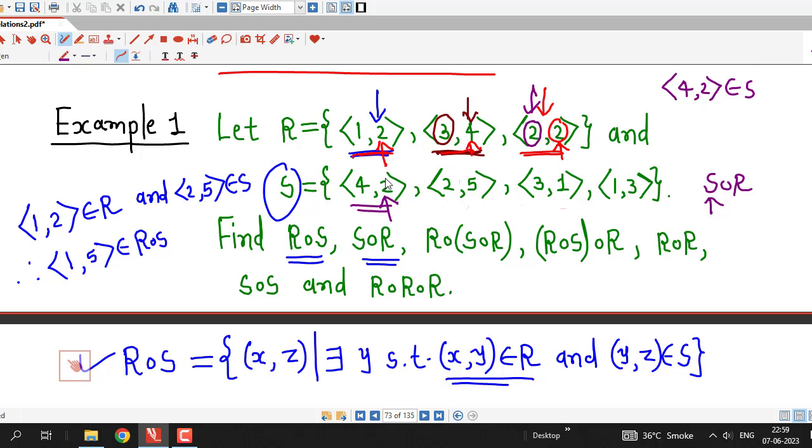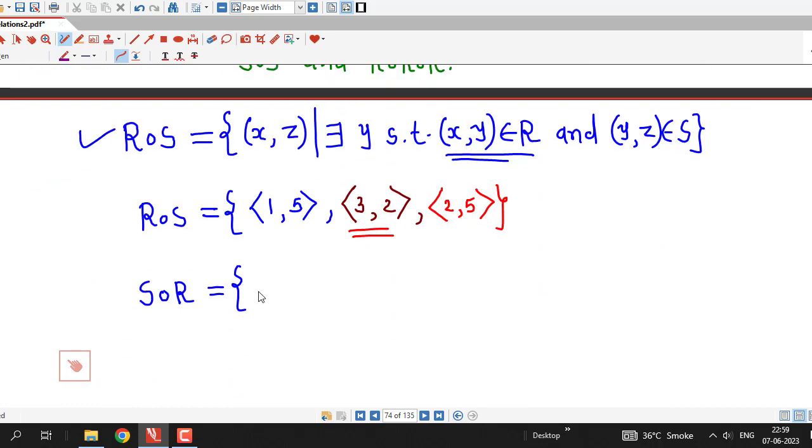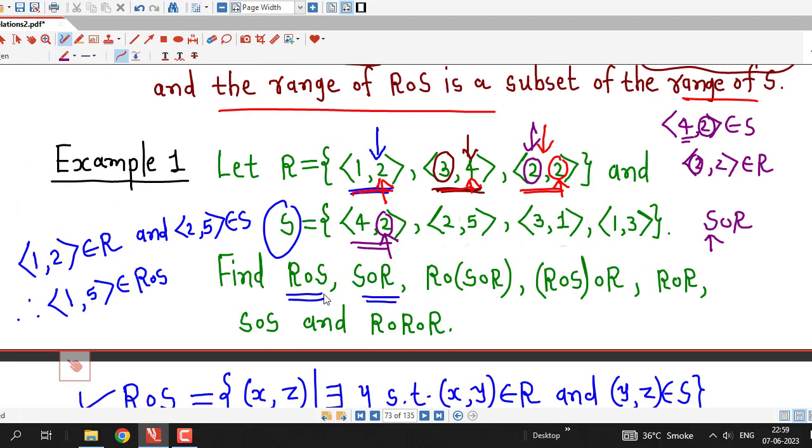So we can see 4 2 belongs to S and 2 2 belongs to R. So these two are common, and we can write that 4 comma 2 belongs to S composite R. So here I have to write ordered pair 4 comma 2, and there is no other ordered pair in relation R whose first component is 2. So I have done for the first ordered pair of relation S, and in this similar way I have to check for each and every ordered pair in relation S, because I am writing now S composite R.